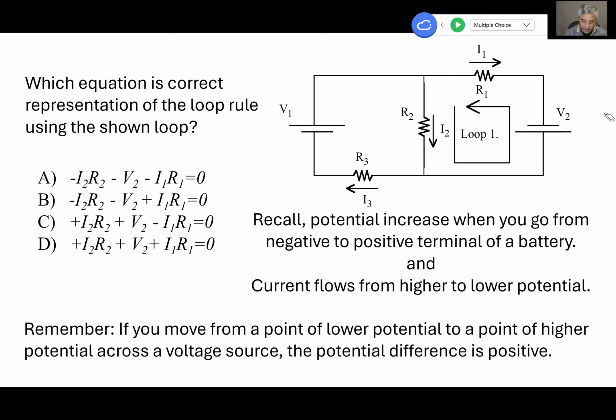So you can start from, looks like, R2. Let's say you start from this point. You don't have to, but the way they did it, looks like we started from this point here. So you start like that and you go like that, right? What's going to be the equation for the loop rule?